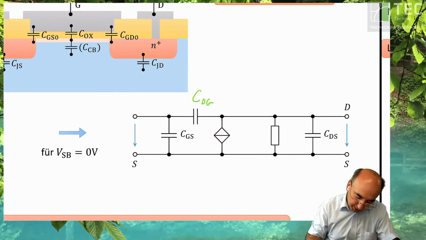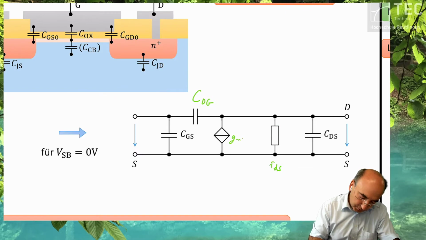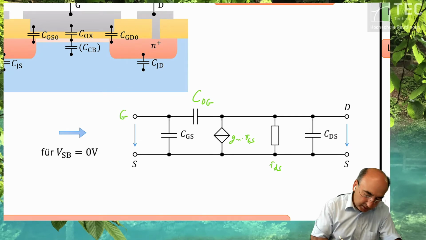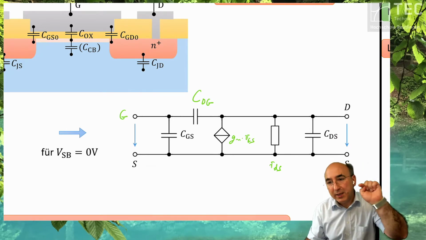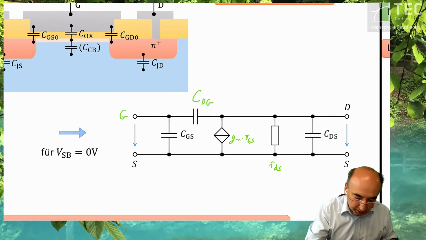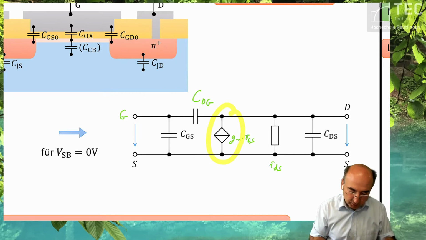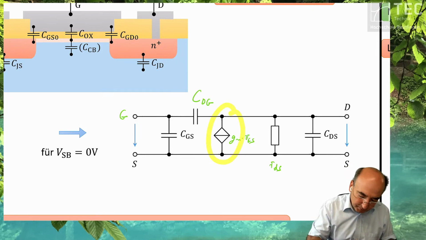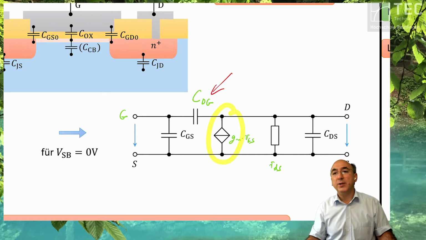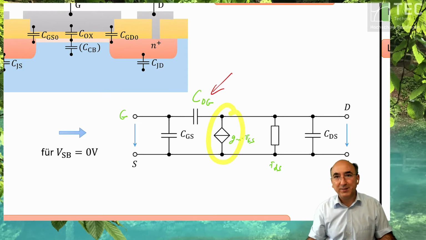By intention, I haven't written their names here, so that you can add them. And this one is the most important one, and it is shooting into our knees, it's the Miller effect.